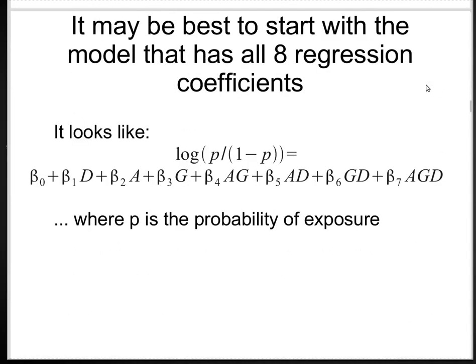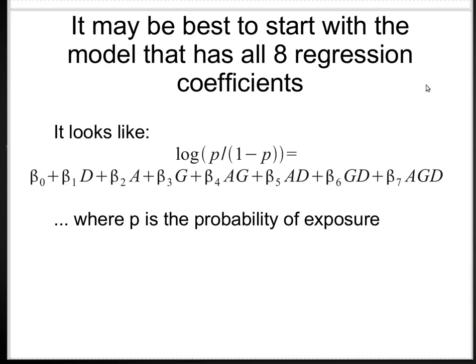Well, this is a complicated question, and we'll see that even with what appears to be a comparatively simple project, that is, a disease-exposure relationship with two potential confounder-modifiers, what can we do? It could be that the soundest approach, and again, there are many caveats here, is to start with a model that has all 8 of those coefficients.